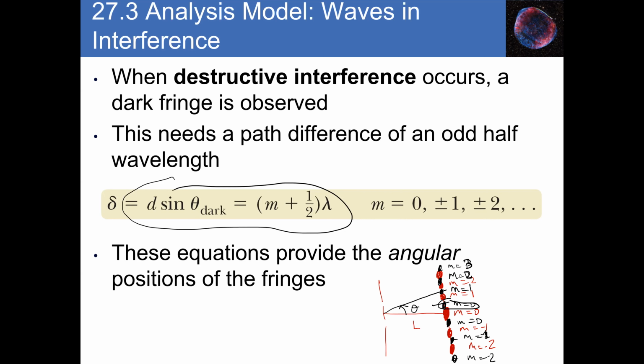Because you can see, 1, 2, 3, 4th. That means this is the fourth dark fringe above the central one. So which m do we use for the fourth dark fringe? Well, we use m equals 3, because for the fourth dark fringe, the first one is 0, second one 1, third one 2, fourth one 3. So try to remember that.